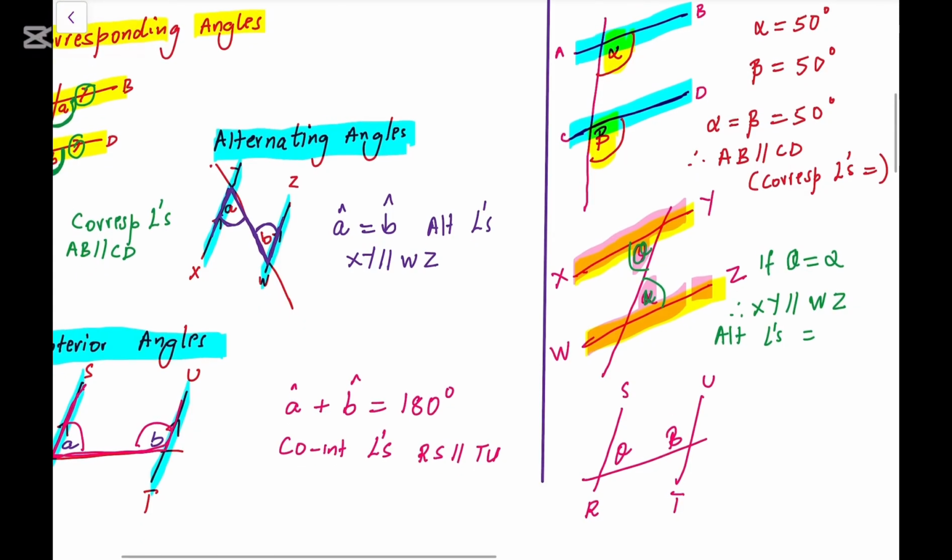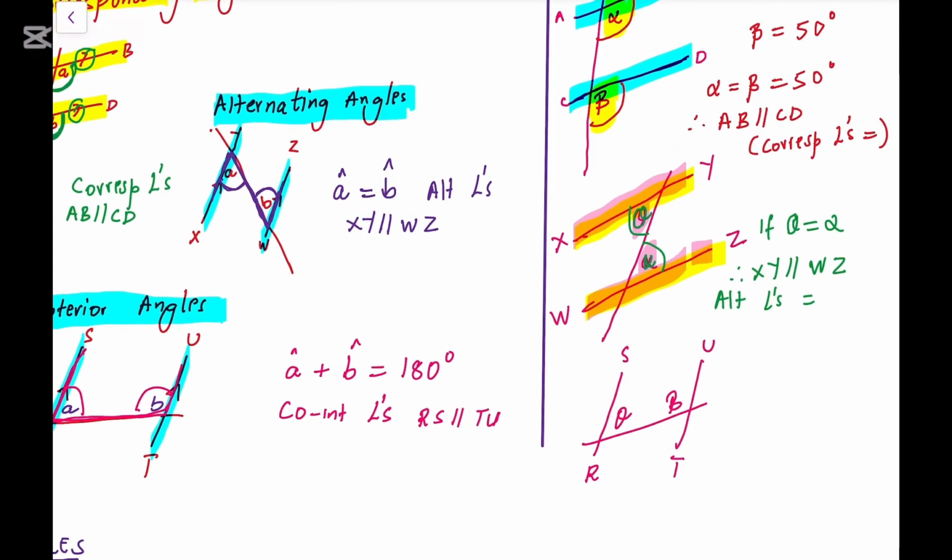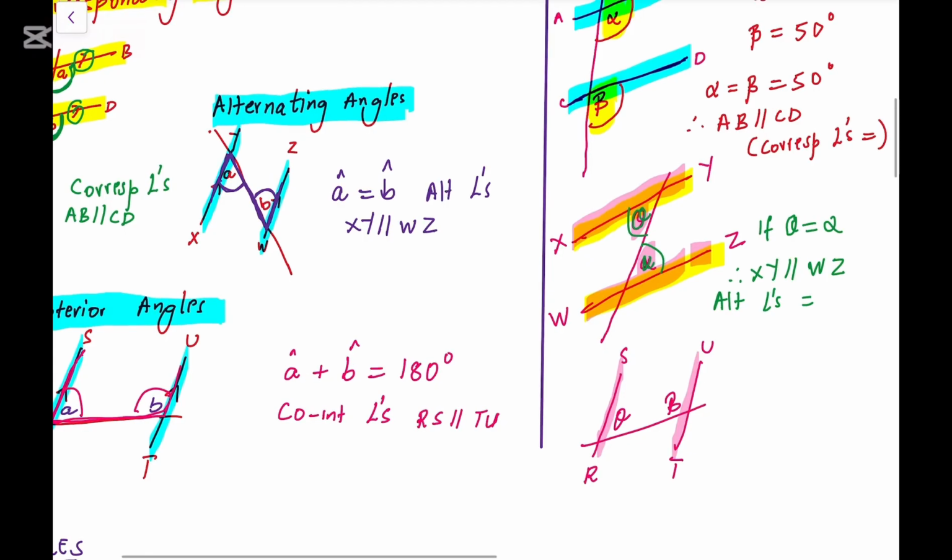Or you can use co-interior as well. So now let's look at line RS and TU. If you are required to prove that they are parallel, if you calculate angle theta as well as angle beta, the sum of these two angles must give you 180.